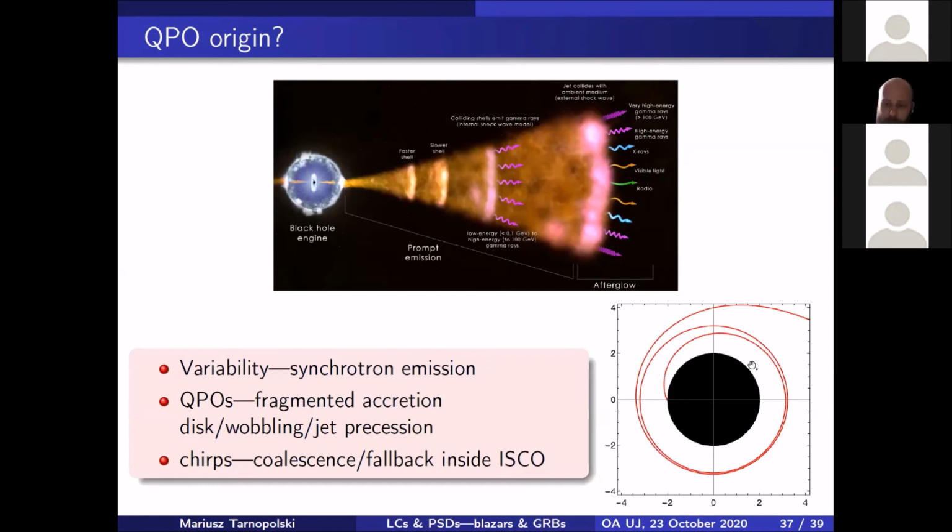This has a decreasing period that might manifest as a chirping signal in the light curve. This needs to be calculated more precisely, that is, the timescales, the required masses, and so on. So basically the governing mechanism is unclear, and there is definitely room for future explorations.